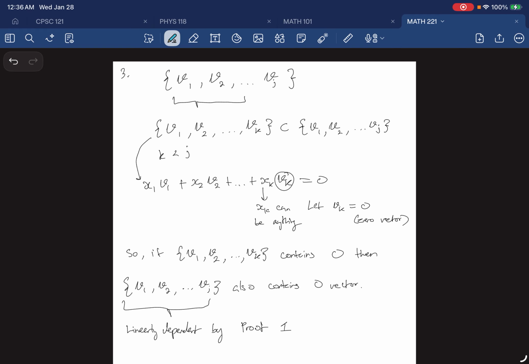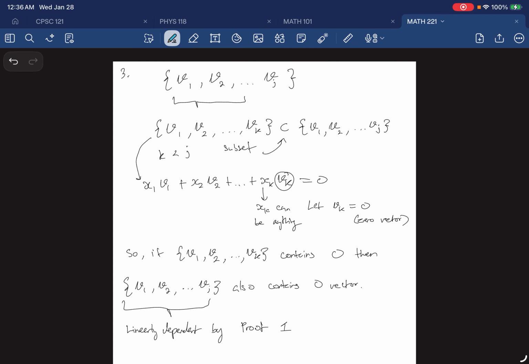Basically, we found a subset of the superset v1 to vj, and we call that v1 to vk, so this is our subset. And that is in v1 to vj. And we said that if this is to be linearly dependent, then vk is going to be the 0 vector. We just label it that, right? And if it's a 0 vector, then xk can be anything. And if xk can be anything that's non-zero, then this subset is linearly dependent.